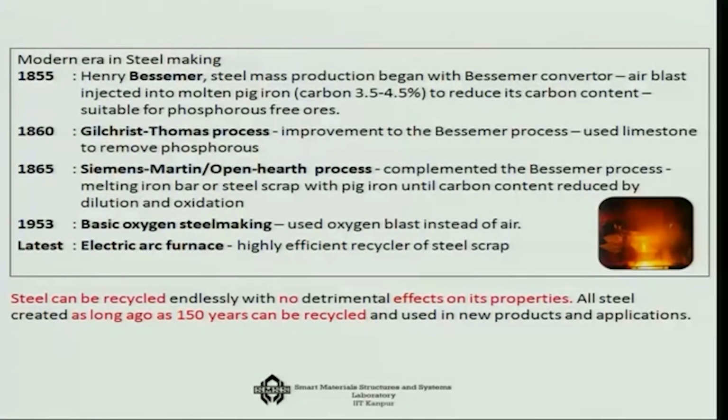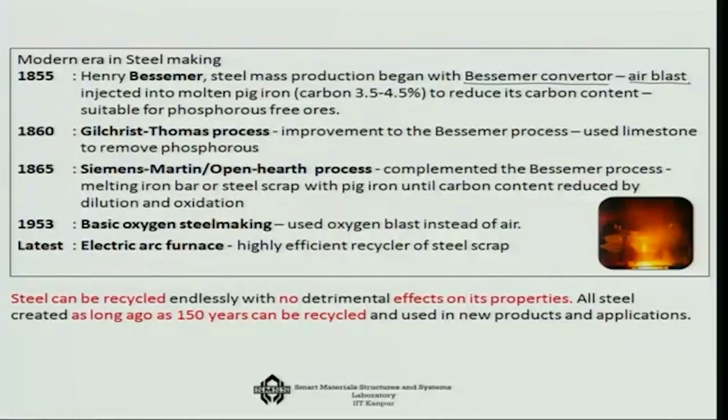So, in the Bessemer process, as you might have studied in your basic courses, it always starts with a Bessemer converter, where an air blast is injected into the molten pig iron, and the objective is that you have to mix iron with a limited amount of carbon.